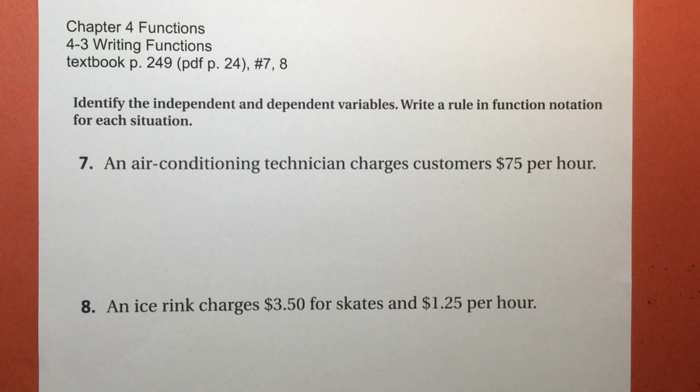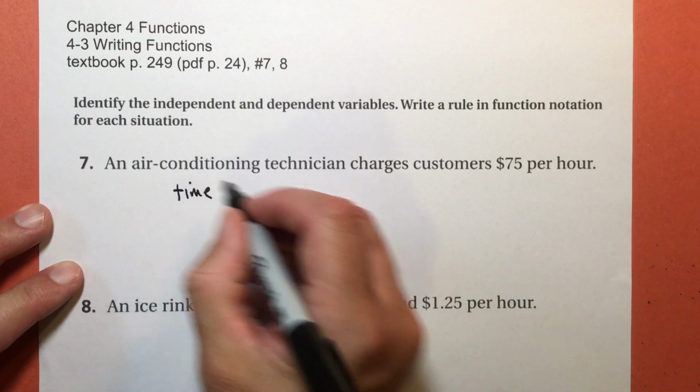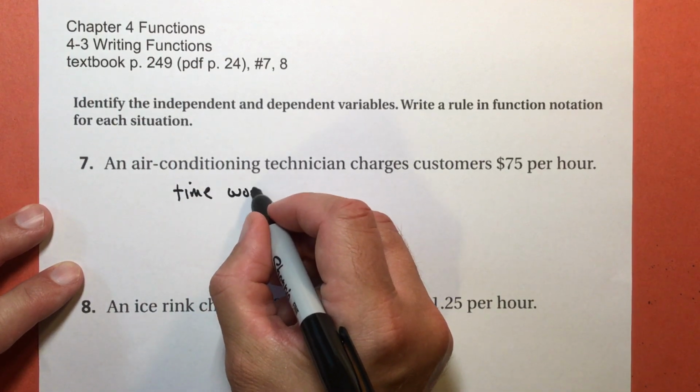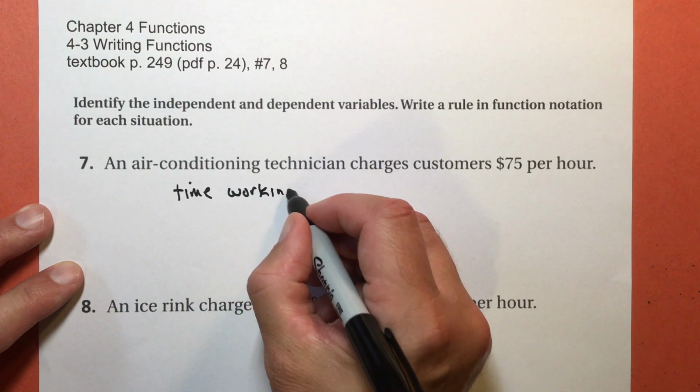So just like the last problem, we're going to identify the independent and dependent variables. But unlike that, we're going to take it one step further, where we're going to write a rule in function notation for each situation. So look at problem number 7. An air conditioning technician charges customers $75 per hour. There are two things that are being counted or measured in this situation. The first one is time, and specifically the time that the air conditioning technician is working.